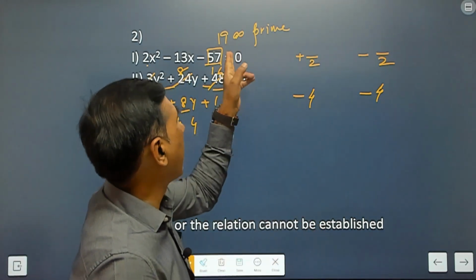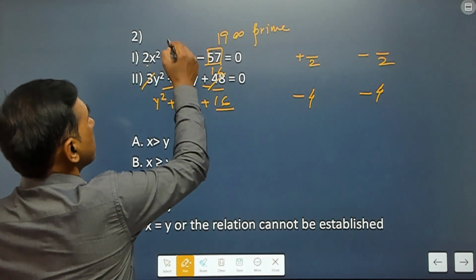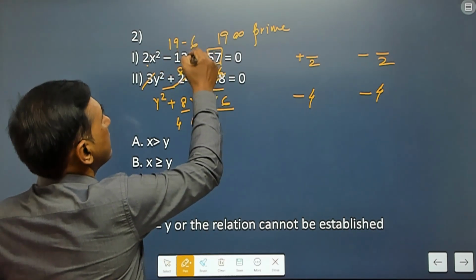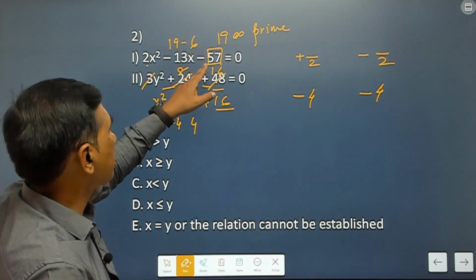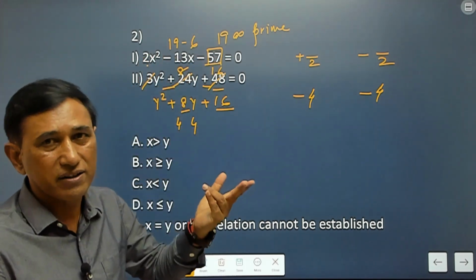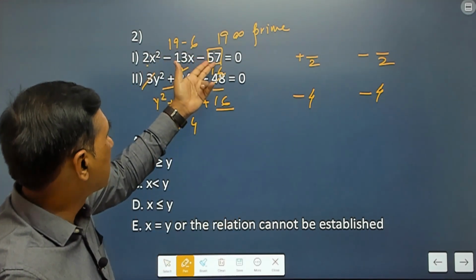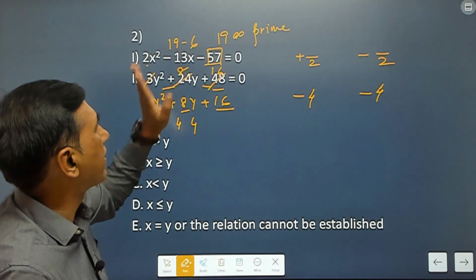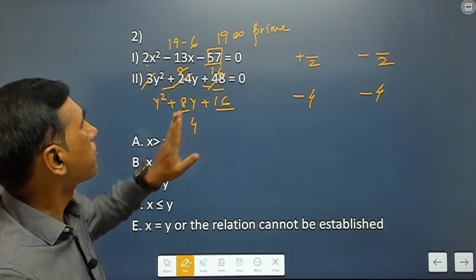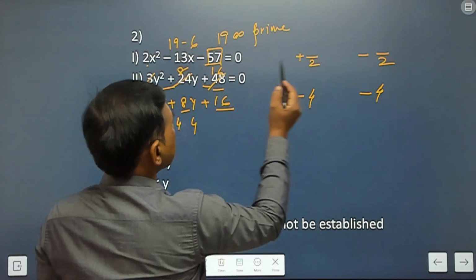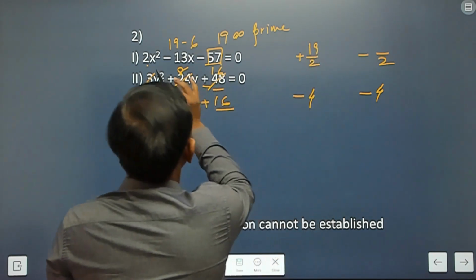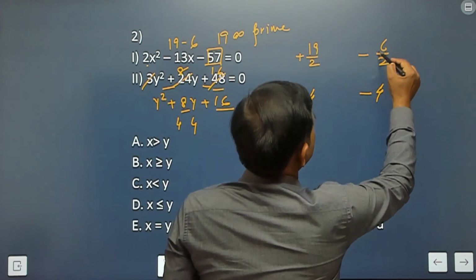So one number I'll try to give as 19 and 6. Then I'll see whether 19 into 6 is equal to 57 into 2. Yes, it is. 19 into 3 is 57, and it is 2. So 19 minus 6. So my roots are 19 by 2 and minus 6 by 2.